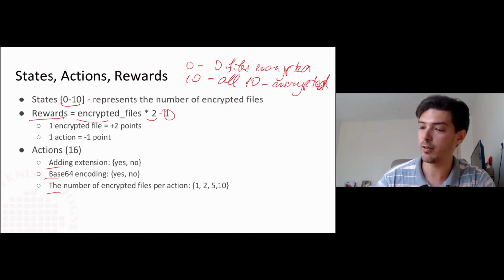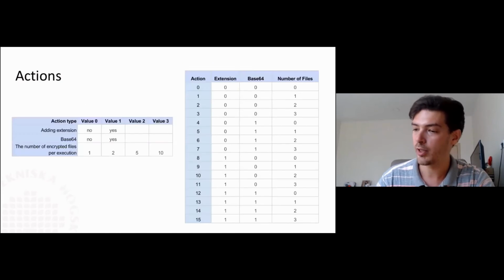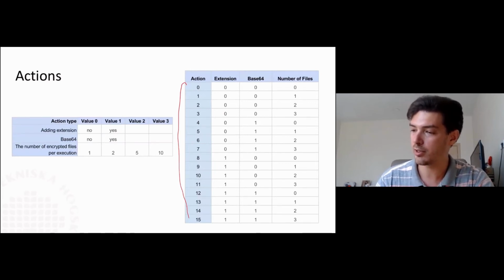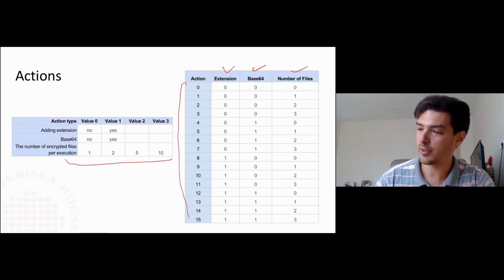We have 16 possible actions, and we can see all these actions encoded in the table that represents whether one of these features, extension, base64, number of files, is enabled in this particular step, in this particular action. And this is how we denoted these actions.